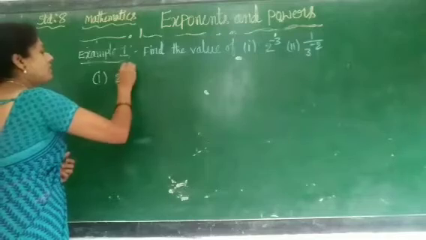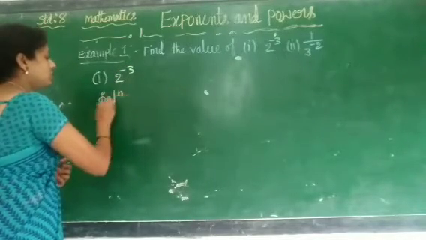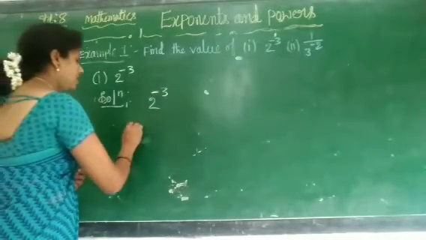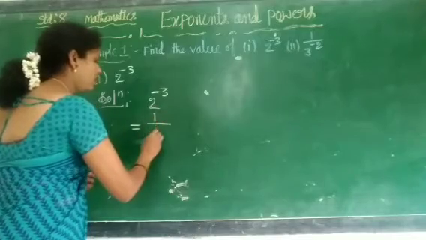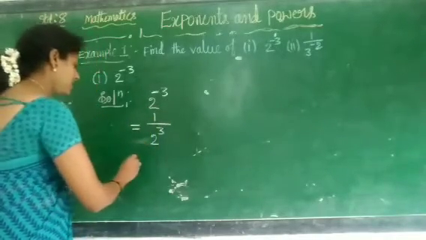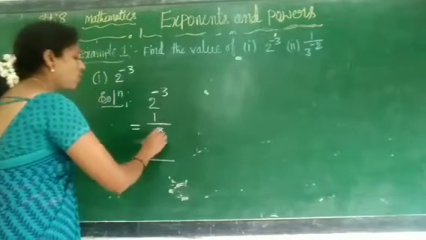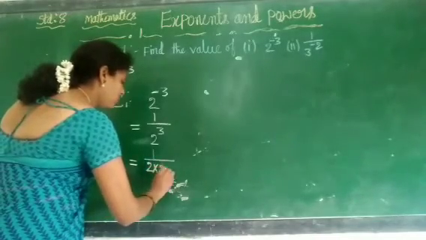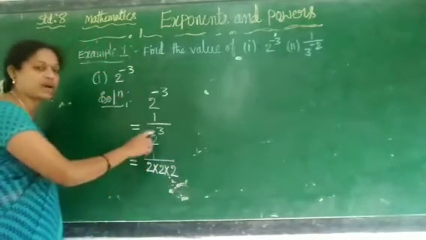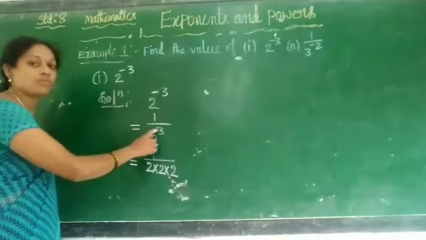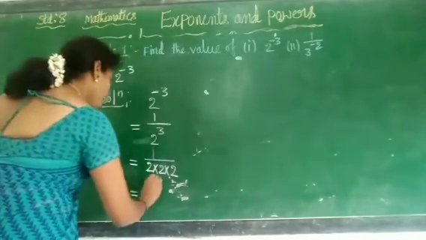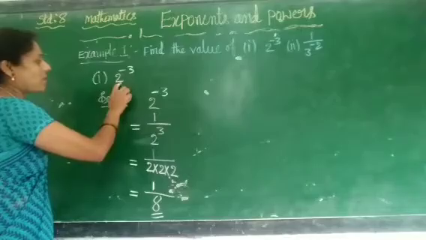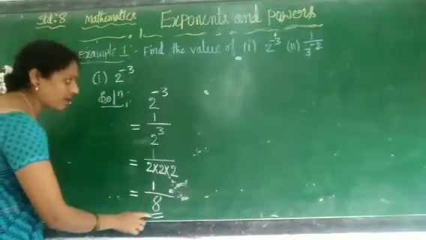Solution: 2 to the power minus 3 can be written as 1 by 2 to the power 3, which is equal to 1 divided by 2 into 2 into 2, 3 times. So 1 by 2 2s are 4, 4 2s are 8. Yes, 2 to the power minus 3 is equal to 1 by 8.